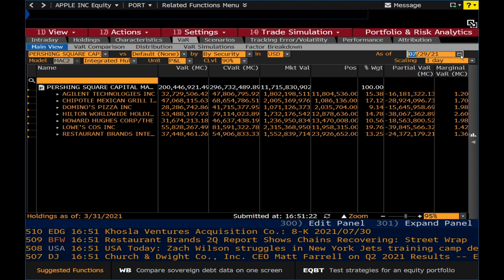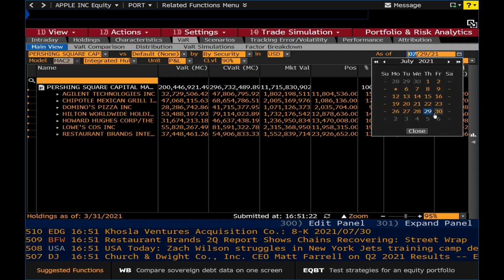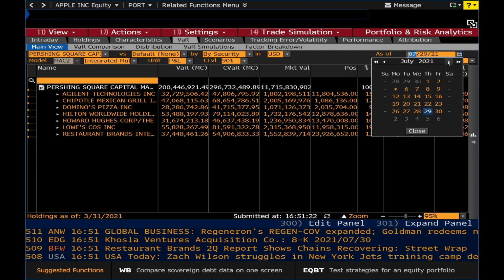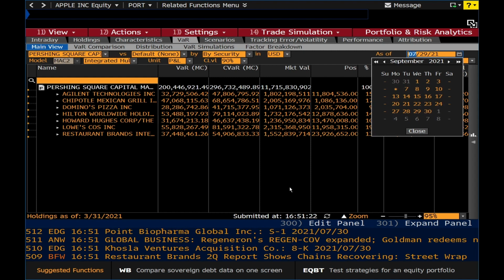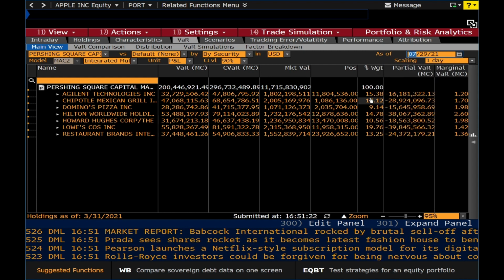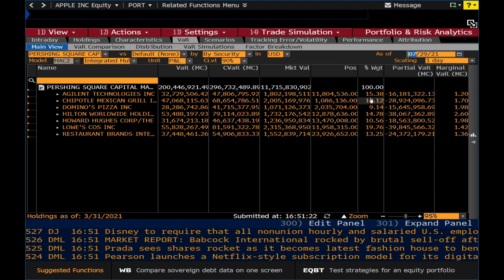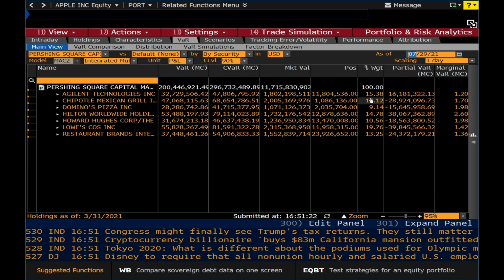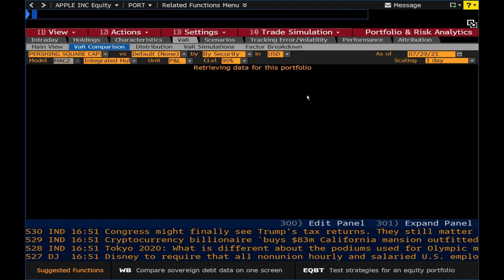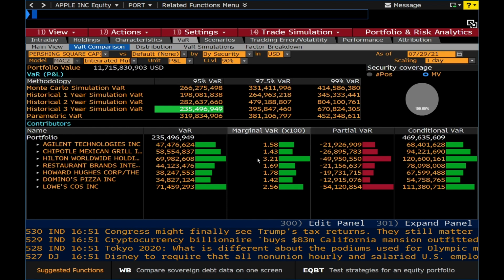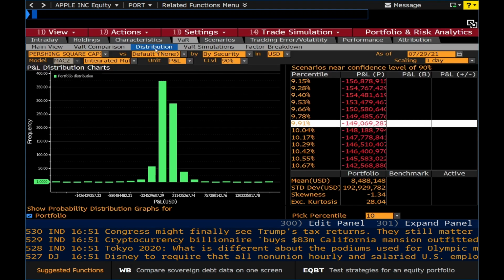And of course, we can change the date, and this can actually project out. There's some argument over whether or not it's useful, but make of it what you will. We'll take a look at VAR comparisons. Again, I'm only trying to give you a taste of what to expect in this particular function.